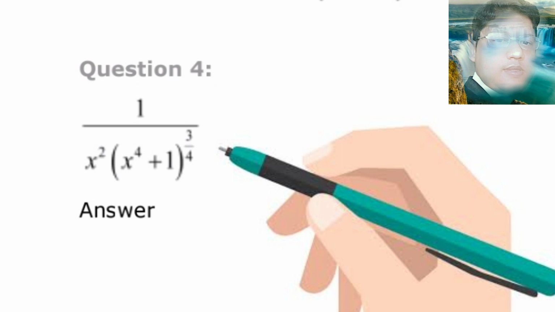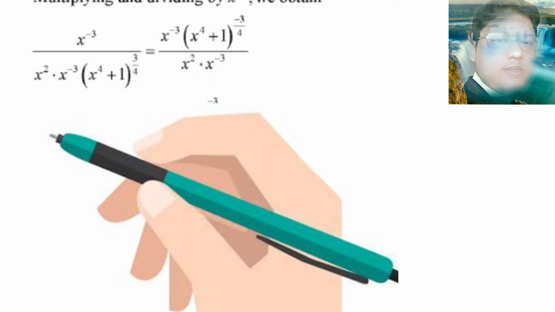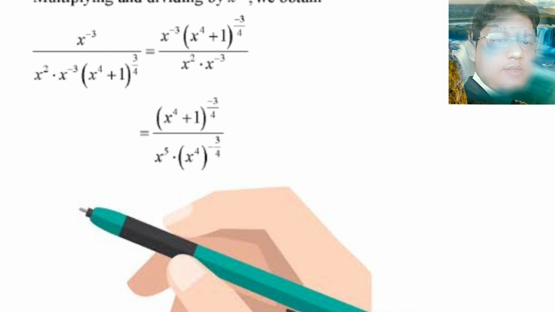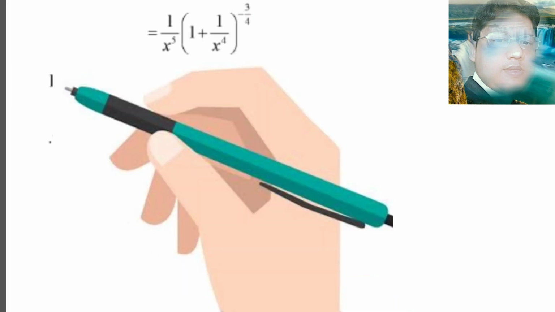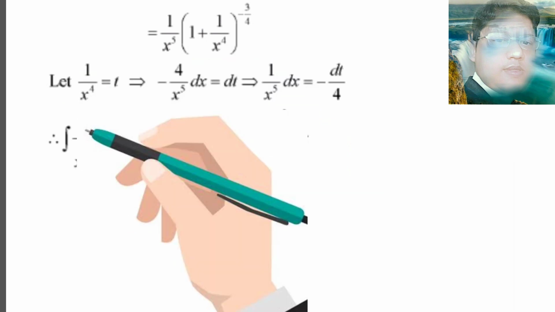Next, question number 4. It is given 1 upon x square, so I take the common x cube from both the numerator and denominator, then I will get these parts. After that, I take 1 plus 1 upon x cube power 4 as t, so I get the equation like this.